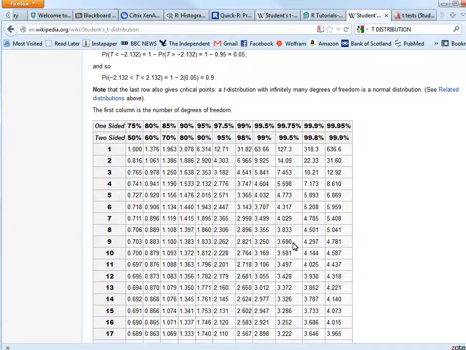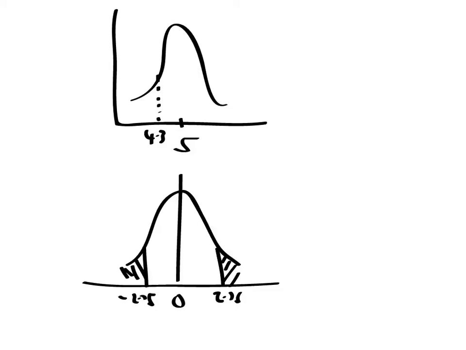What does that mean? Going back to our graph, it means that between 99 and 99.5% of the data is in the middle of the graph here, meaning between 0.5 and 1% of the data is in these tails, and 1% is equivalent to 0.01, and 0.5% is equal to 0.005.